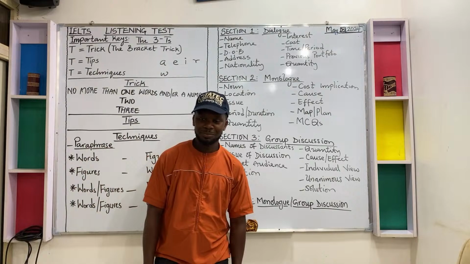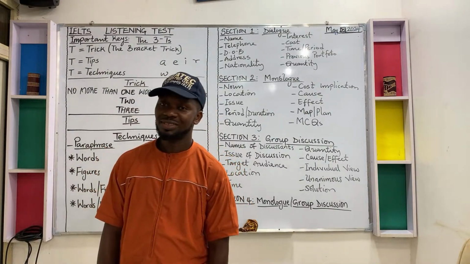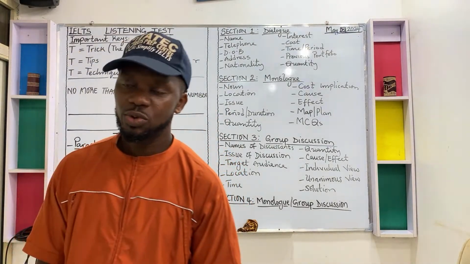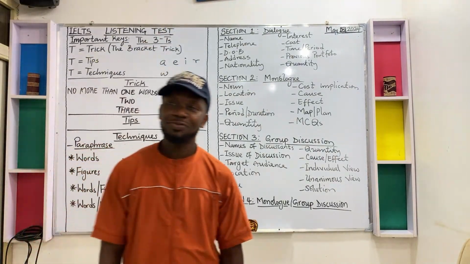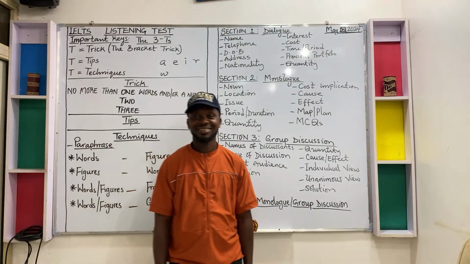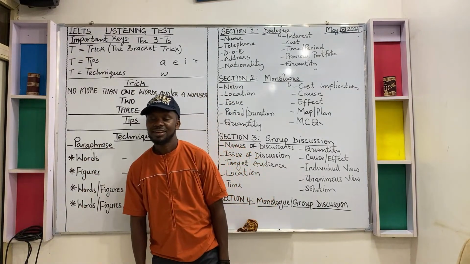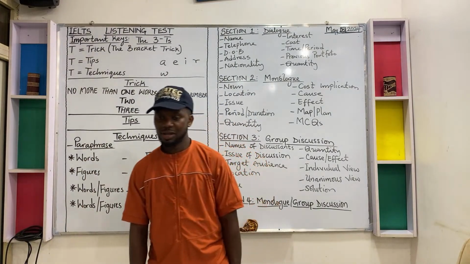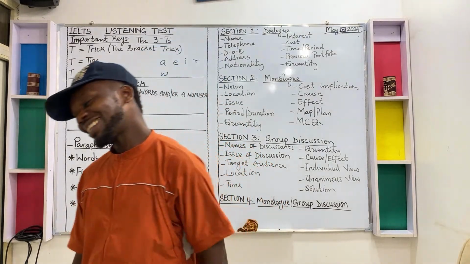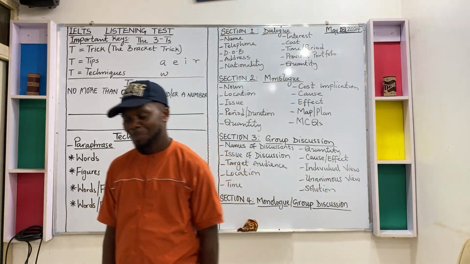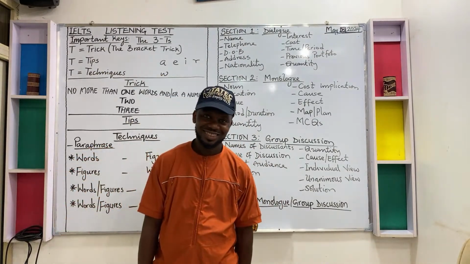A person from Egypt, Egyptian. A person from the USA, American. A person from the UK, British. A person from England, English. A person from Morocco, Moroccan.